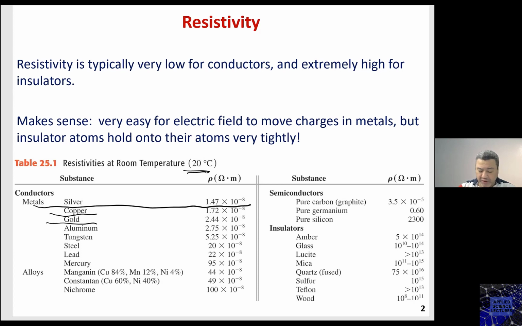However, on the insulator part, we can see materials that go up to 10 to the power 16, such as fused quartz and other insulators as well. So the ratio between the resistivity of metals or conductors and that of insulators is extremely high.